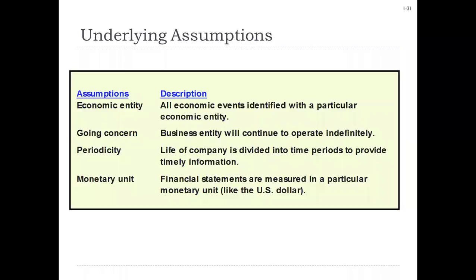The time periods are almost random in a sense, but the general cutoff or time periods that we divide up the life of a company into is generally annually, so every year, monthly sometimes, or quarterly a lot of times.